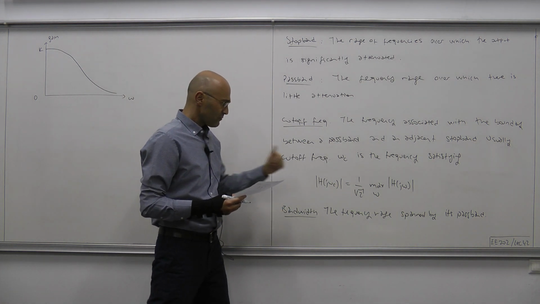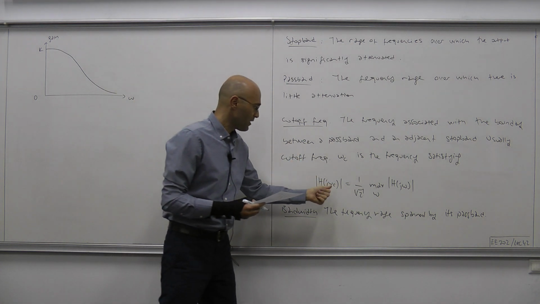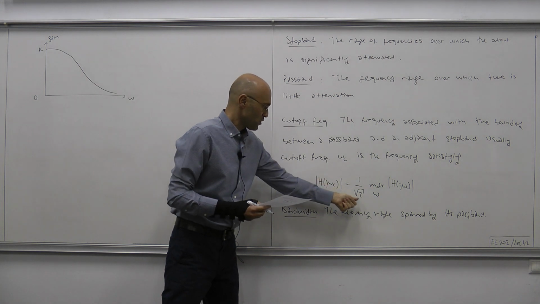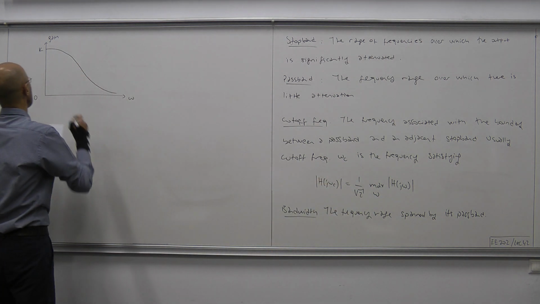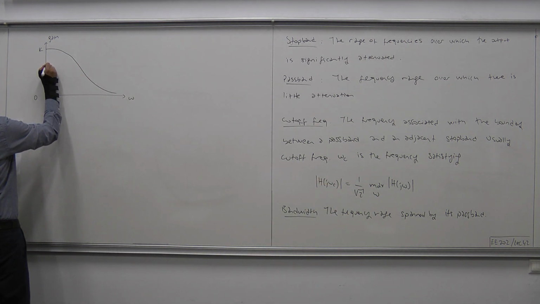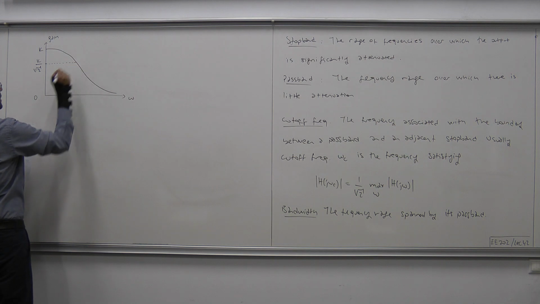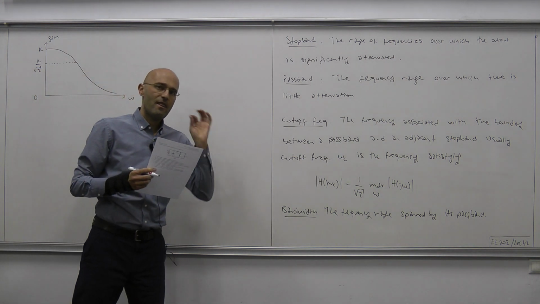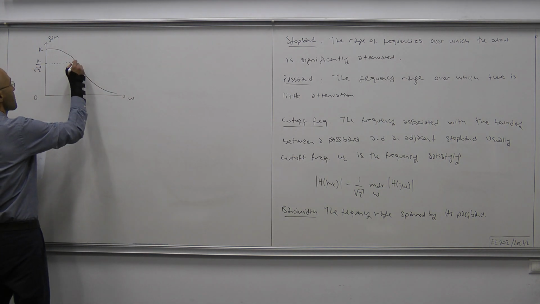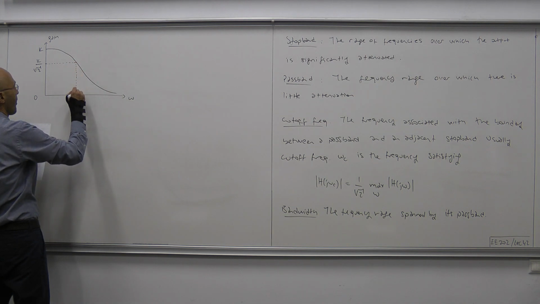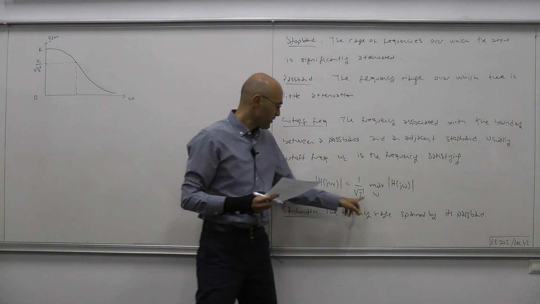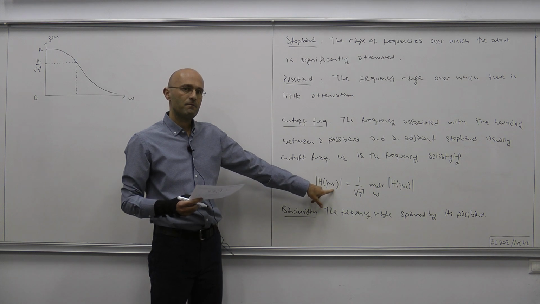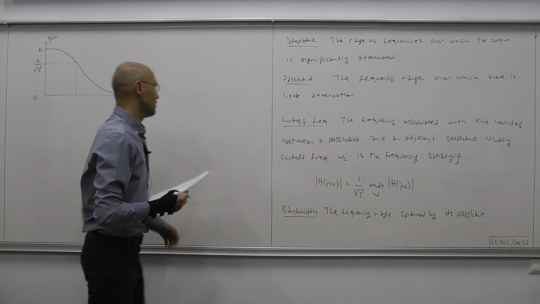So the maximum gain is K, so K divided by square root of 2 is somewhere here, let's say, and then you figure out the frequency corresponding to that value of the gain. And that frequency is what we're introducing here as the cutoff frequency.